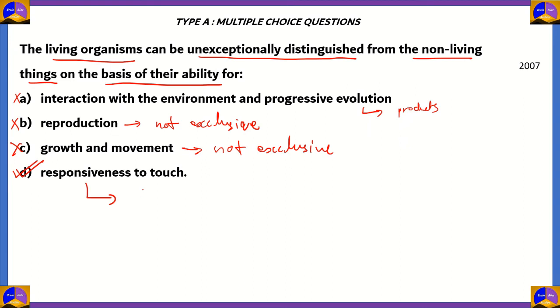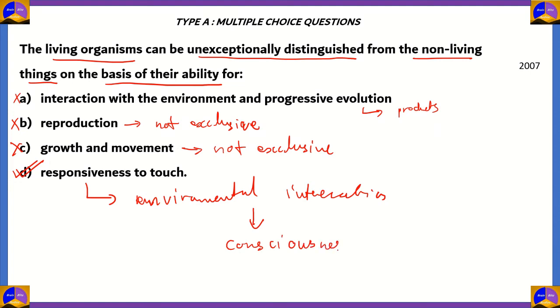Responsiveness to touch is a part of environmental interaction, which basically means that it is a part of consciousness. So when an organism is conscious, it's aware of the environment around it, and it can also relate to past experiences that helps it understand what goes where.